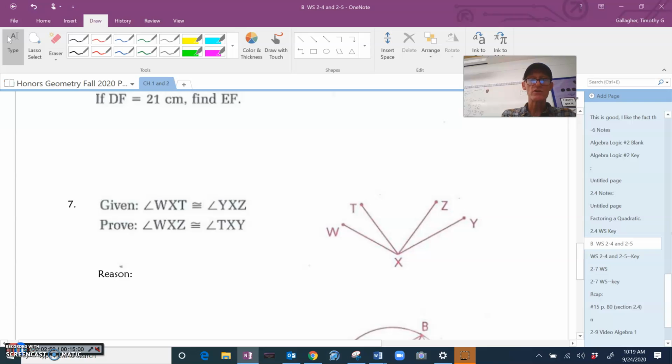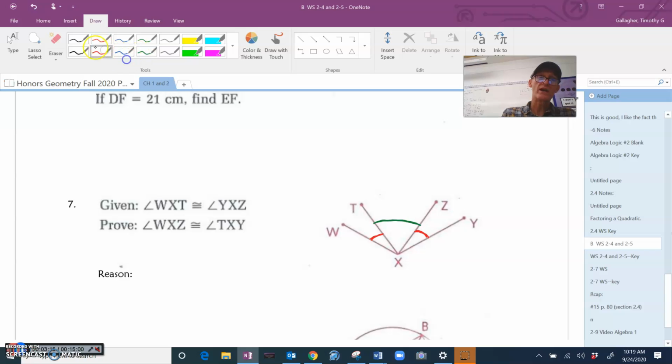I just want to make sure you understand WXT, which is this angle right here, is congruent to angle YXZ, which is this angle right here. Now, the angle in the middle is going to be added to the two smaller ones.